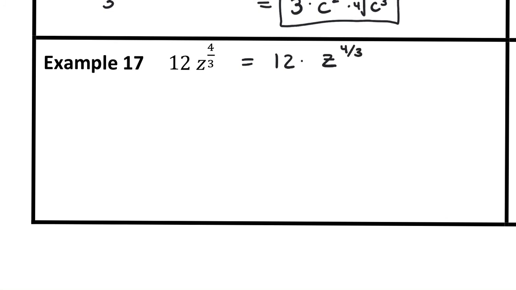But what we're going to do is long division again. So we're going to divide 4 by 3. 3 goes into 4 one time. 1 times 3 is 3. Subtract. 4 minus 3 is 1. So we get a remainder of 1.